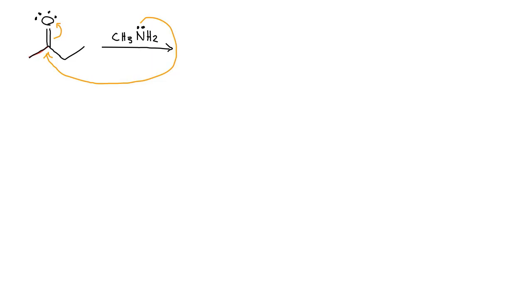So the nucleophile, the nitrogen here, is going to come in and attack, and then you're going to get this O minus. That is a very basic negative charge on that oxygen, so it's going to get protonated pretty darn quickly.